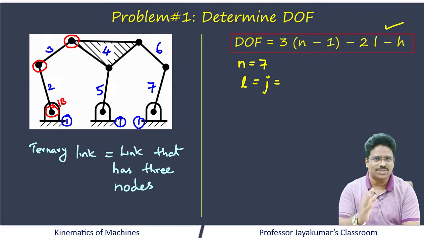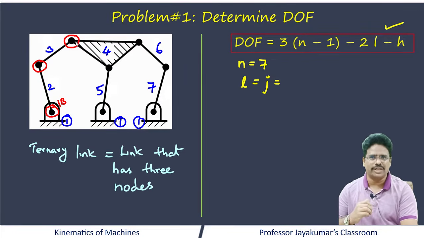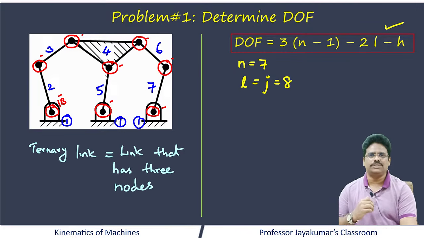Do not get confused as if it is a ternary joint. Okay. Now 4 and 5 binary, 1 and 5 binary, 4 and 6 binary, 6 and 7 binary, 7 and 1 binary. So calculating them, I will have 1, 2, 3, 4, 5, 6, 7, 8. So I have J equal to 8.